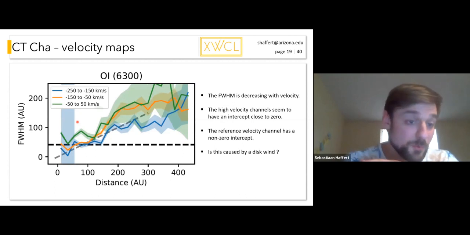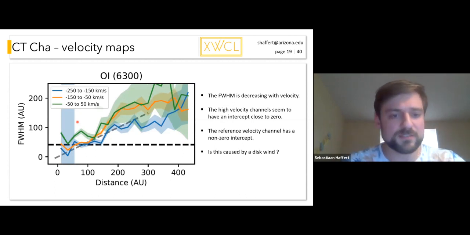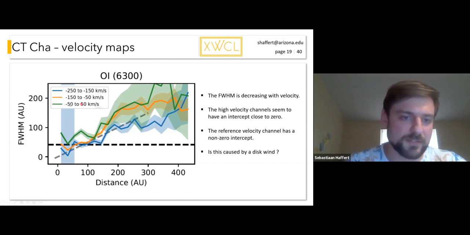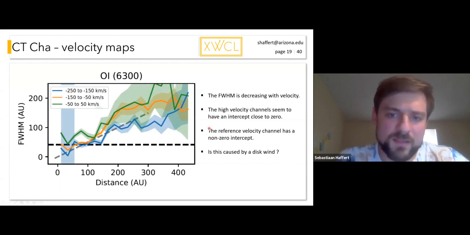Here you can see the full width maximum as a function of distance for the three velocity channels: minus 50 to 50, so that's the stellar rest frame, minus 50 to minus 150, and then minus 150 to minus 250 kilometers per second. And what we see is that at all distances, the full width maximum is decreasing with velocity.